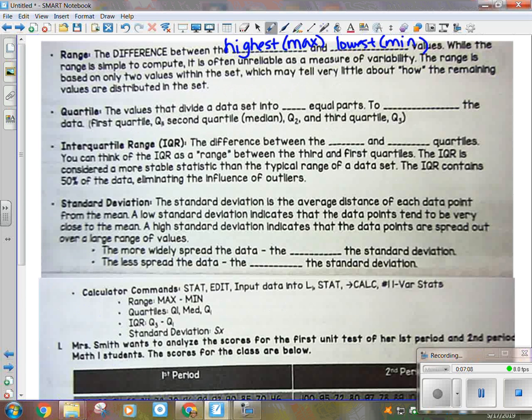If I have a small range, that actually tells a story versus if I have a big range. I've had some tests where either everybody did 80s and 90s or everybody did 20s and 30s.